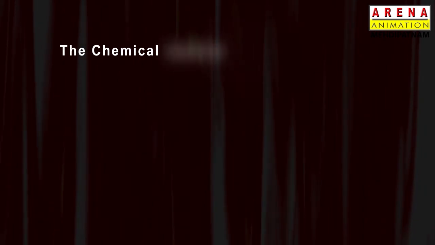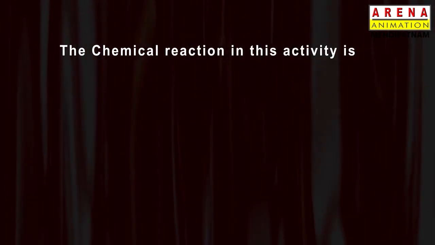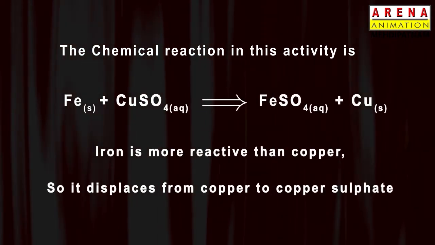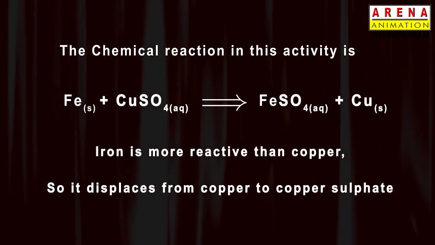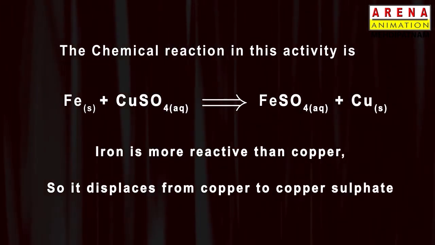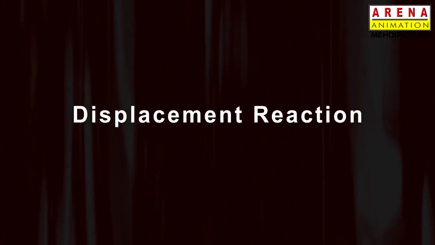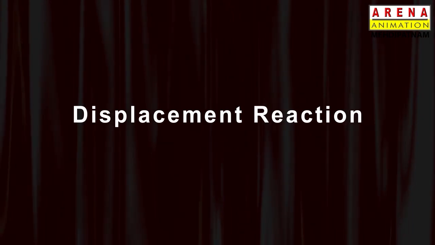The chemical reaction in this activity is: iron plus copper sulfate gives iron sulfate plus copper. Iron is more reactive than copper, so it displaces copper from copper sulfate. This is an example of a displacement reaction.